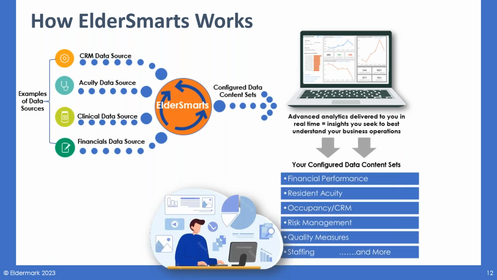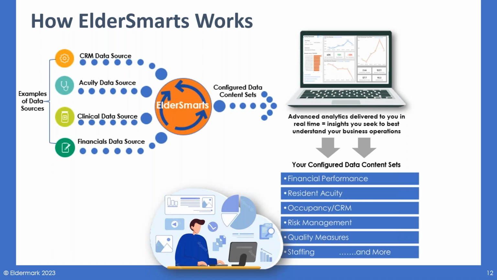And these configured data sets, we are finding now in what we're designing for customers, so far, they are really kind of gathering around these common topics or categories. So customers are most eager to measure things and get into their analytics around financial performance and the acuity levels of their residents.